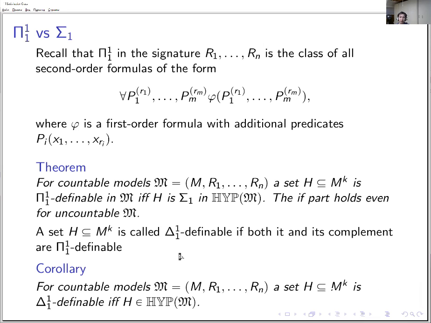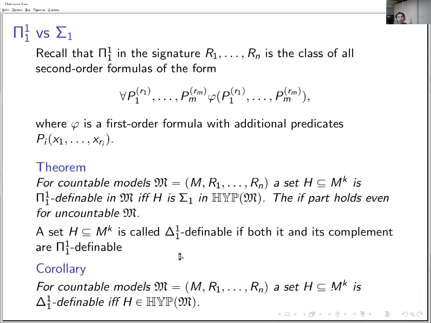Okay, so from this it's quite easy to show the corollary that actually justifies the name heap. Namely, a set is delta 1 definable, that is, pi11 definable and its complement is pi11 definable. The corollary is that a set is delta 1 definable if and only if it's an element of heap.